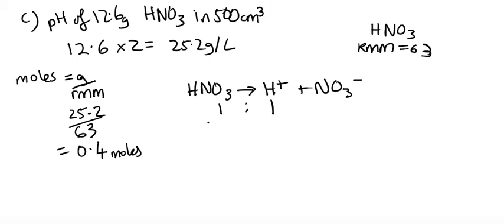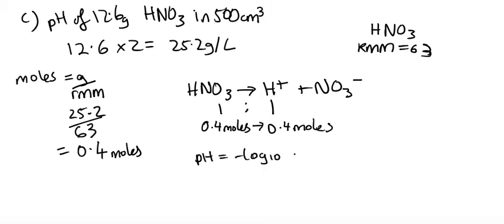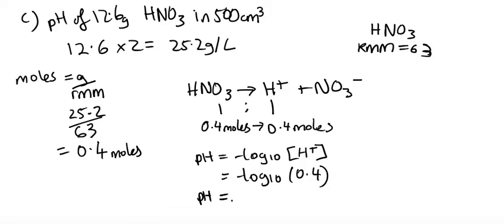And if we are, that means that our 0.4 mole will give us 0.4 moles of the H+. Now we put that into our pH formula, which is minus the log to the base 10 of the hydrogen ion concentration, and we have our hydrogen ion concentration. It is 0.4, and when you put that into your calculator, you will get 0.4.